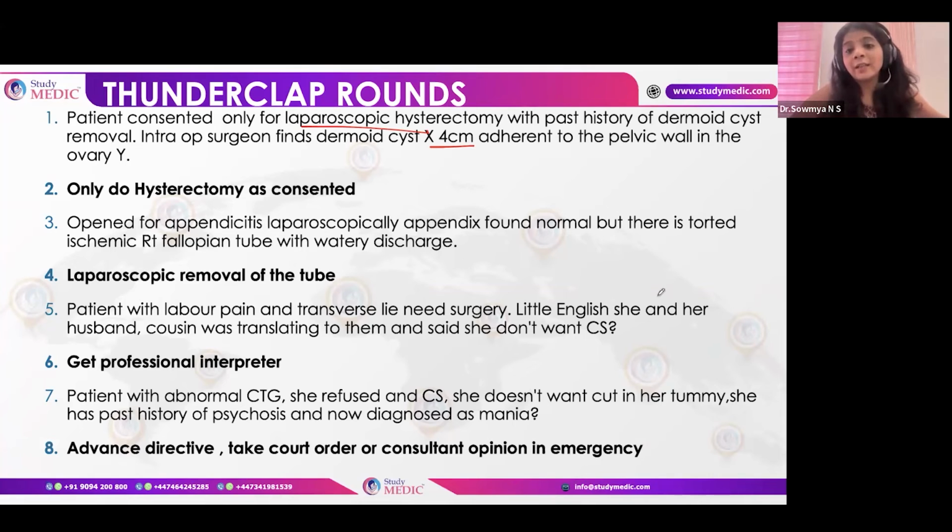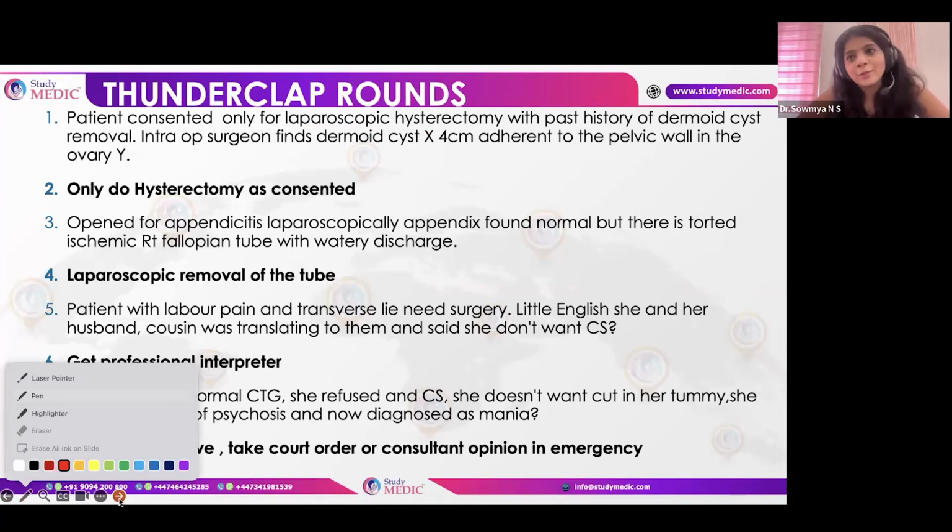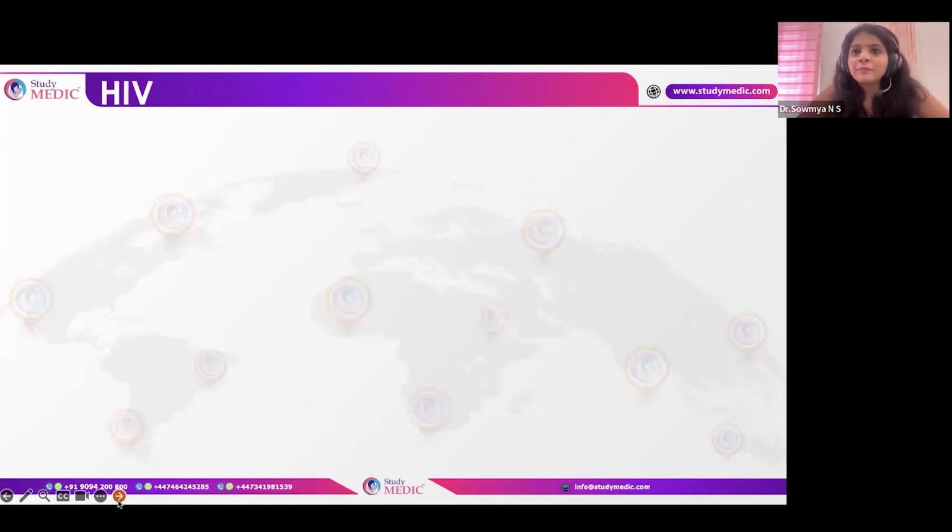That holds good. If not, if it is an emergency, consultant opinion would be taken and they would proceed in the best interest. Elective, you take a court order. Very interesting scenarios, because you need to know the basics so that you can answer very well.